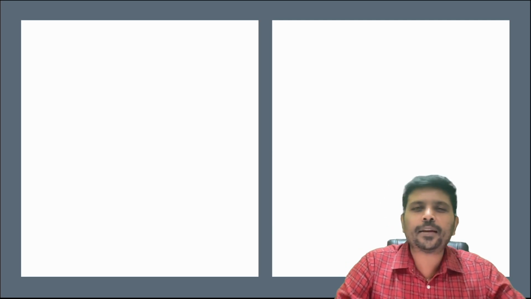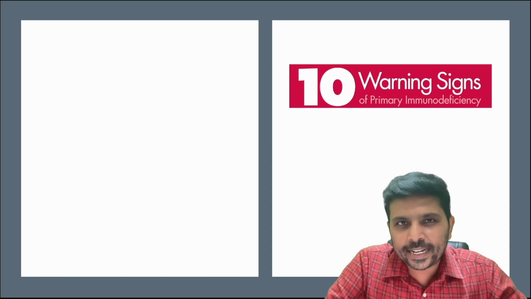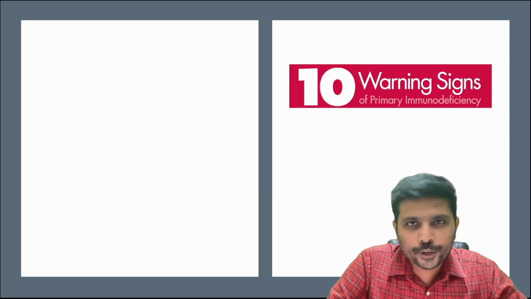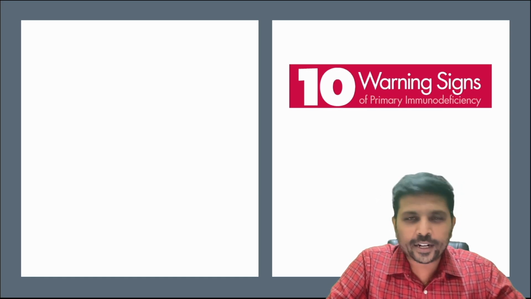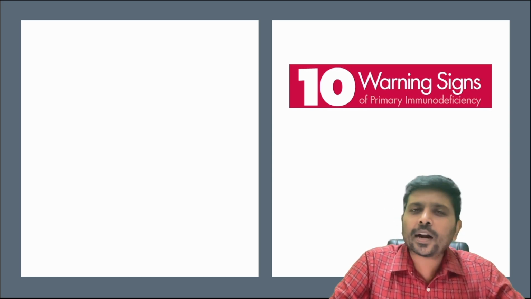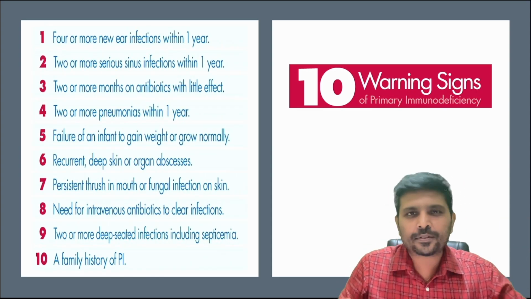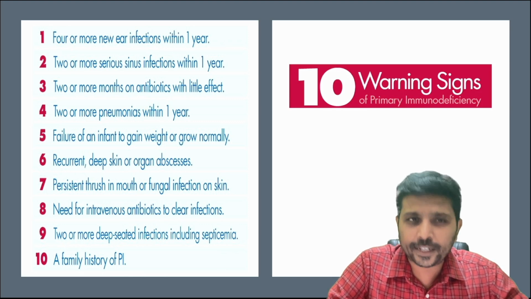What is that screening questionnaire called? It is the Jeffrey Modell criteria, and in that criteria 10 warning signs have been described. When you have two or more warning signs, kindly proceed with your investigations towards primary immunodeficiency. What are those 10 warning signs? One: 4 or more ear infections per year.